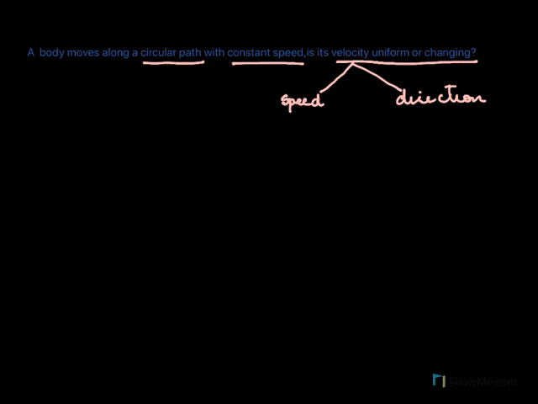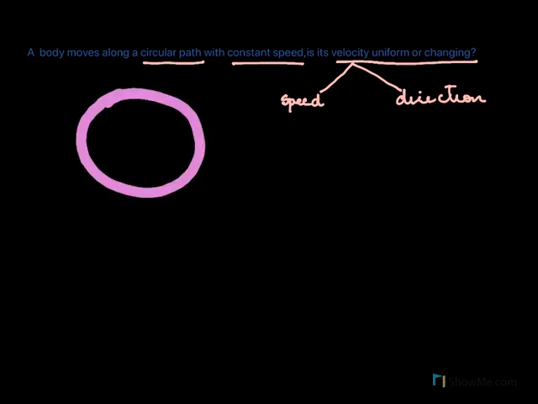Now here is a body going in uniform circular motion with a constant speed. So you know that the speed is constant. Yes, this is constant. Is direction constant? No, the direction keeps changing at every point. So the direction is not constant. So can we say it has uniform velocity?